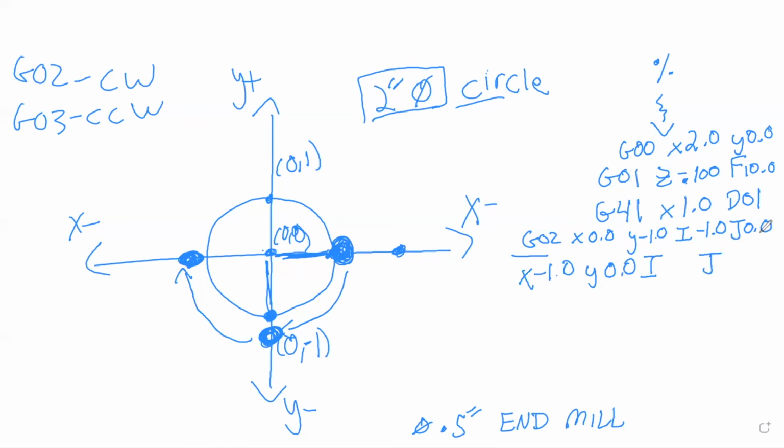Okay, so incrementally from our start point, do we move in the X? We do not. So this is 0.0. Well, we do move in the Y-axis, J. Incrementally, we go positive 1.0.